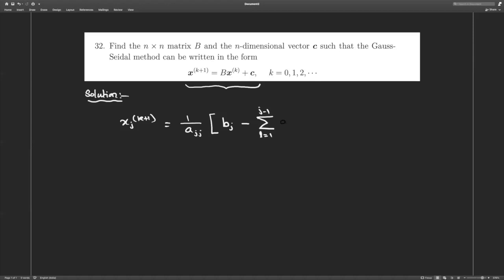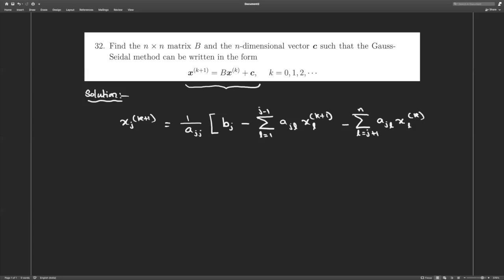Therefore, we take that as the values computed at the present iteration itself. So k plus 1 will come, and the term which involves all the coordinates that are yet to be computed in this present iteration, that goes from l equal to j plus 1 till n, right? So that will be taken with the corresponding coordinates of the previous iteration.